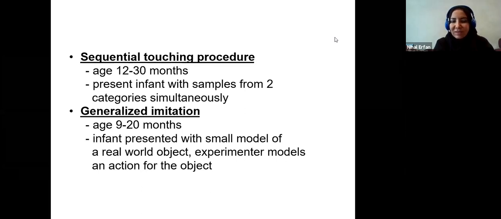So it's a generalized imitation of something that they saw. This infers that they have learned. They observed, they've noticed similarities, and it's this kind of behavior that infers that they have categorized.